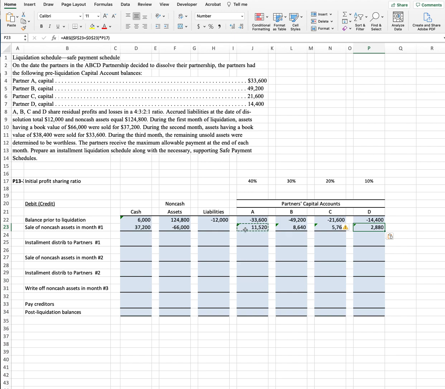I just want to go back really quickly so that we can click into this formula. We're just saying the difference between the non-cash assets minus the cash and distributing that to each of the owners at their 40, 30, 20, 10 respective rates. And then we can just do a sum here.